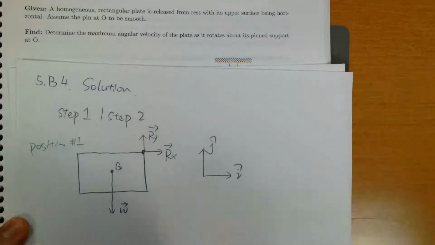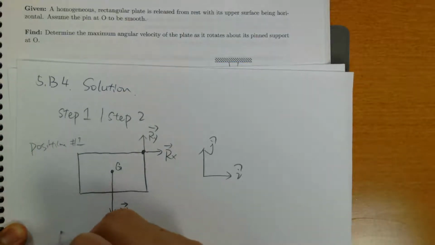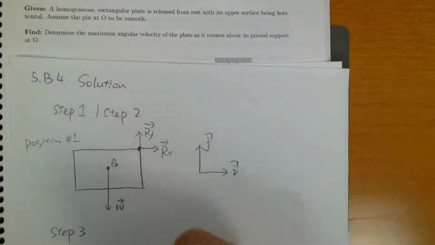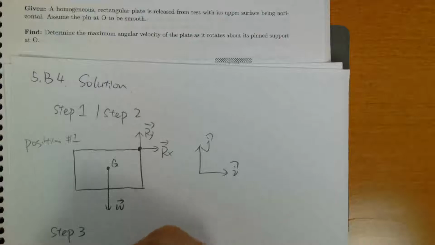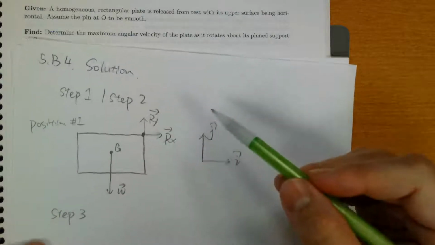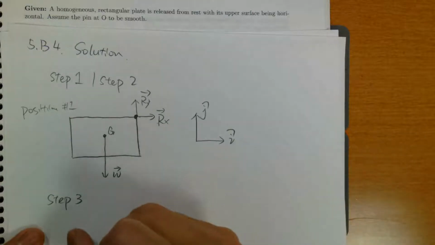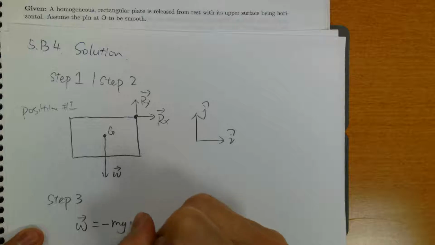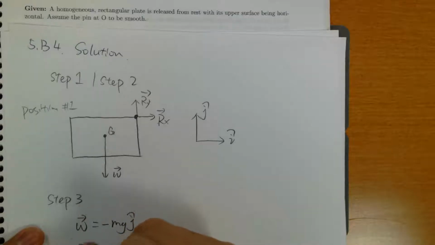And step three, we look at all the forces in vector form. So we have one, two, three different forces. The first force, weight force, is going to be negative mg j. Rx equals Rx i. Ry equals Ry j.